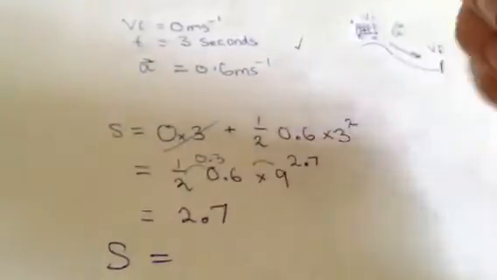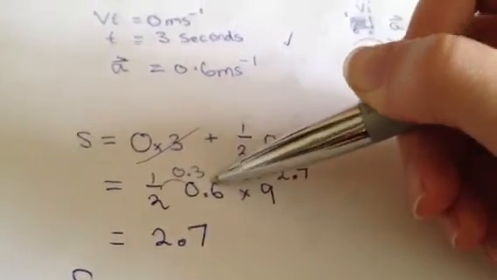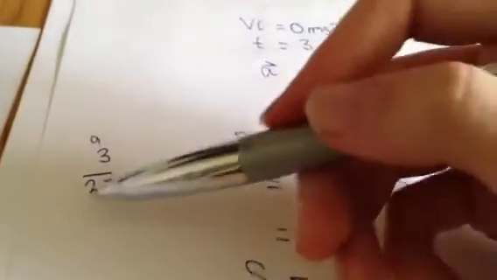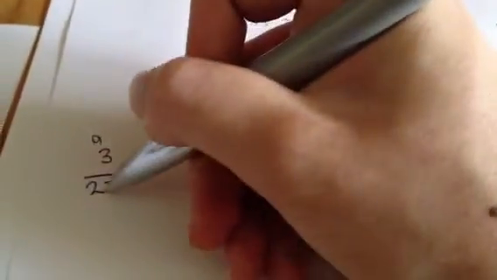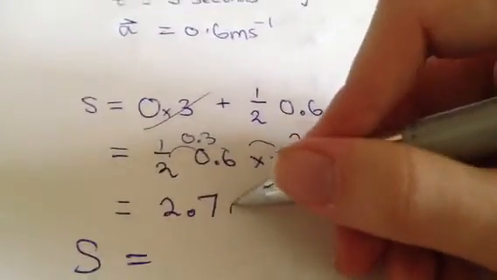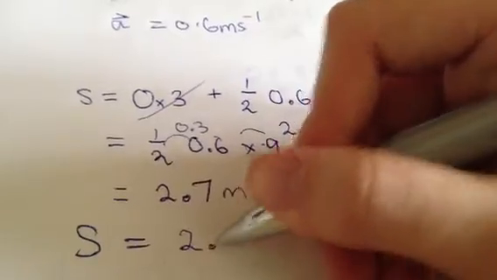So it's just about doing the maths there. Again, half of 0.6 is 0.3, times 9 is 2.7, because 9 times 3 is 27, then we just plug in the decimal. Just standard arithmetic stuff, really. Nice and basic. And then we get 2.7 meters as being how far the trolley travelled.